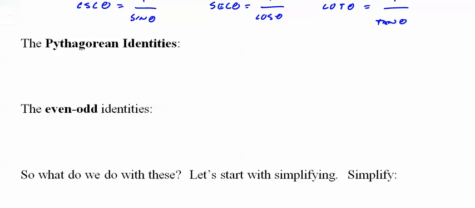Pythagorean identities pop up. The one you really need to know is the first one. Gets used quite often. The other two are good to know too. They get used, and they can save some steps, so it's kind of nice to have them in your hip pocket.